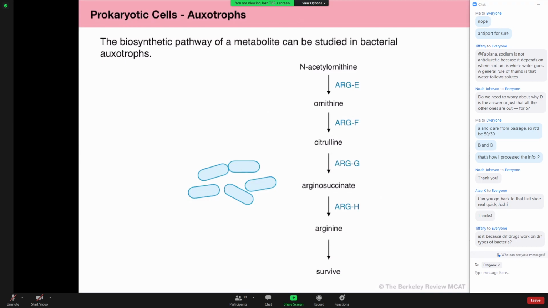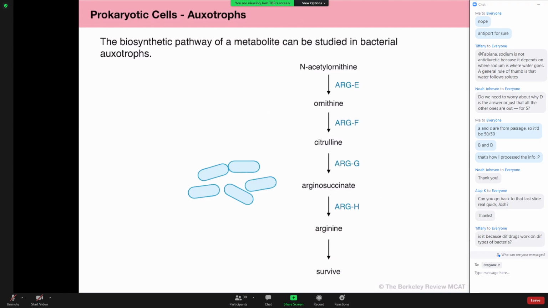It's easier to do it in bacteria, if it's something that's conserved, and test different pathways and this and that. Okay. And so you can use these engineered auxotrophs to select and to confirm lots of different genetic and metabolic research.